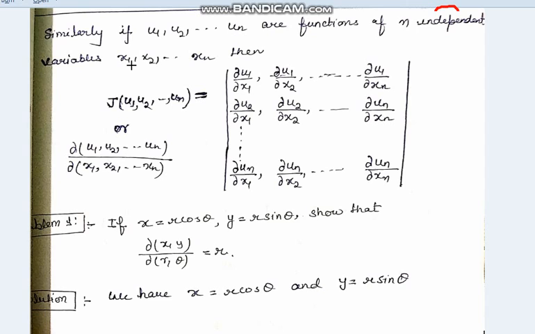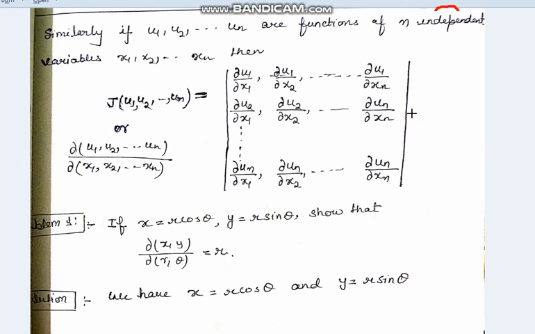Similarly, if u1, u2, u3 up to un are functions of n independent variables x1, x2, x3 up to xn, then the Jacobian of u1, u2 up to un is calculated by the determinant of an n cross n matrix, whose first row is obtained by partially differentiating u1 with respect to x1, x2, x3 up to xn.